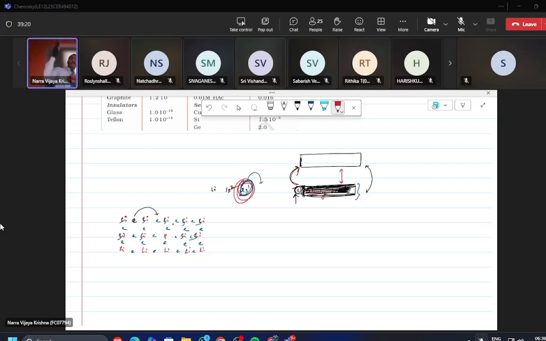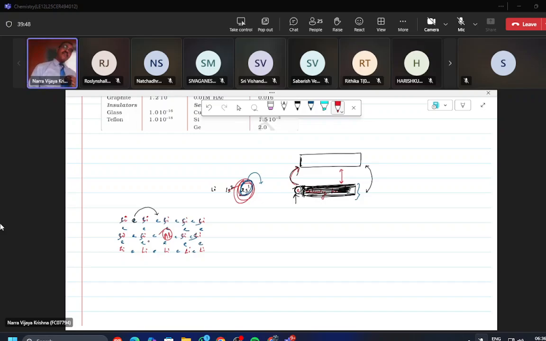Compared to the carbon family, before the carbon family you have the boron family: boron, aluminum, gallium, right? So instead of silicon, I have taken aluminum. Instead of one silicon, I have placed one aluminum there. In a period from left to right, what happens to size? It decreases, correct? Now, what about the size of aluminum?